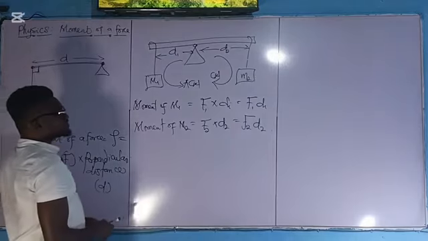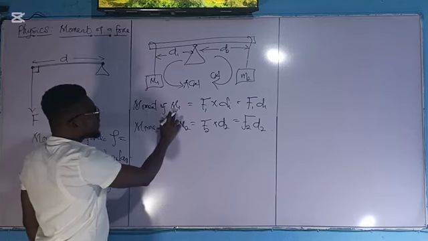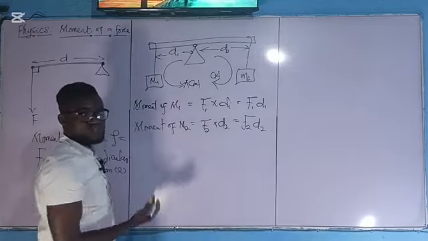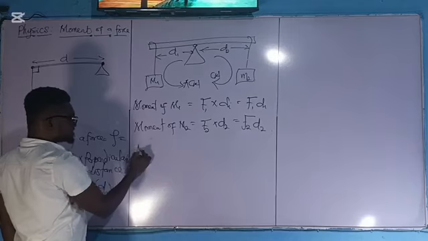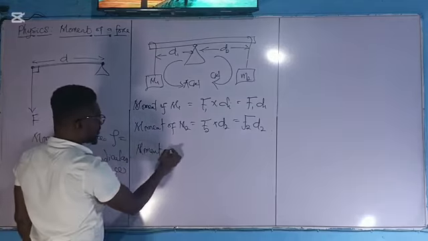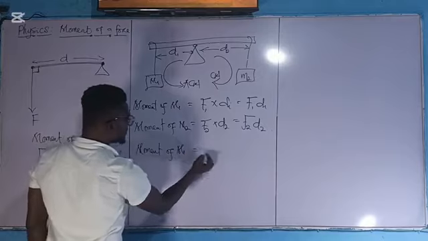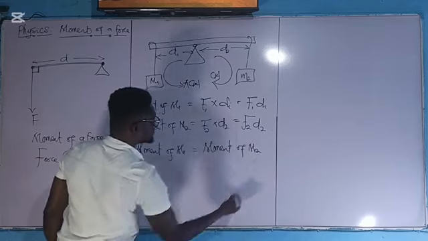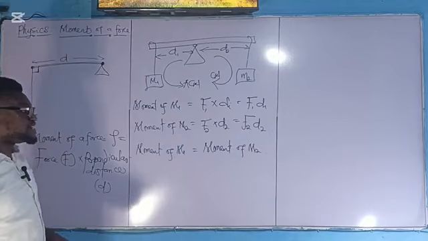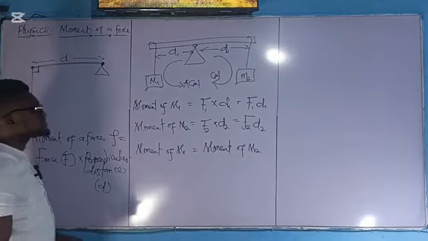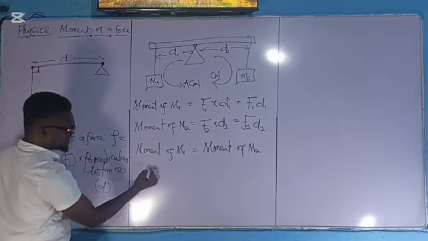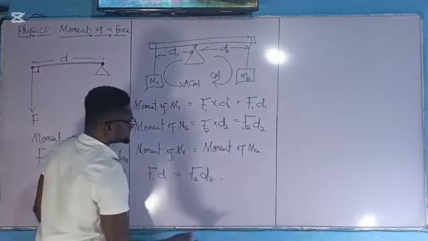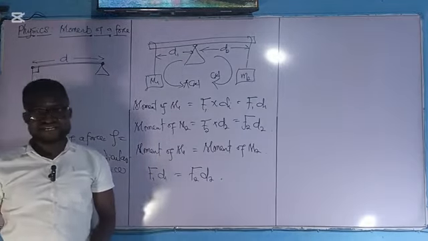So at this very point, you will now see that the moment of M1 is anti-clockwise, while the moment of M2 is clockwise. So the moment of M1 must be equal to the moment of M2. That's the principle of moment. So from the principle of moment, we now have F1 D1 equal to F2 D2.